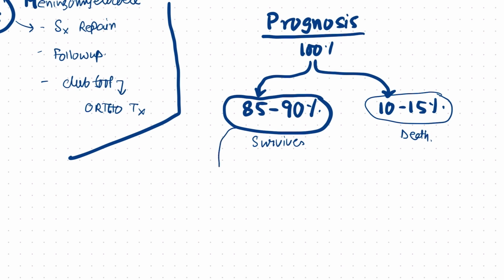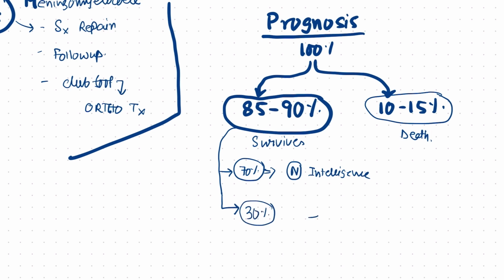Out of all these patients, 70% actually have normal intelligence, and in 30% of patients there is an associated infection involving the brain, that is associated meningitis and also ventriculitis.